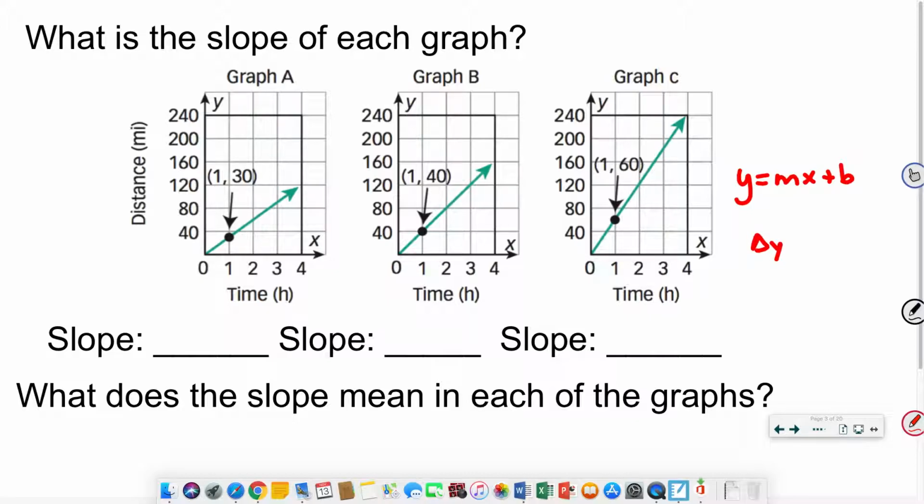The change in y over the change in x. So what do I need to determine the slope of any one of those lines? How am I going to find the change in y over the change in x, or the rise over the run, as some of you have said? How am I going to find those values?